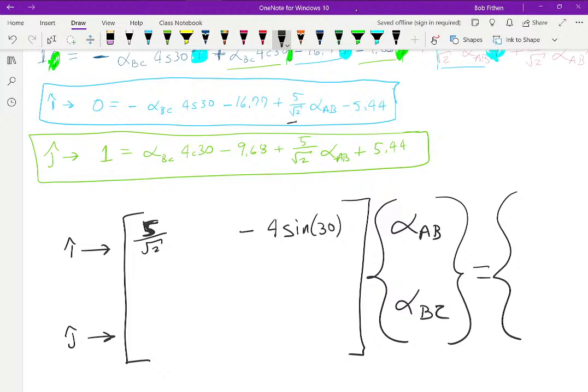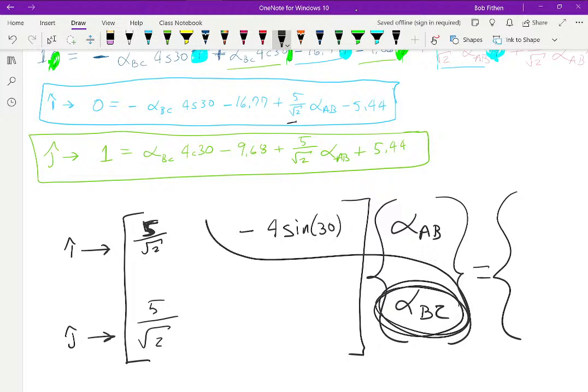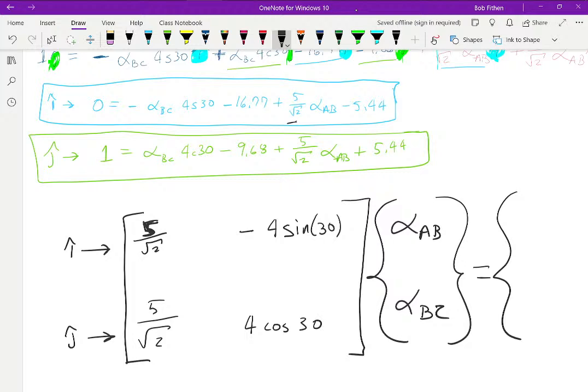Now, looking in the J equation, I'm going to look for the coefficients of alpha AB: 5 over square root of 2. Alpha BC in the second equation: 4 cosine of 30.